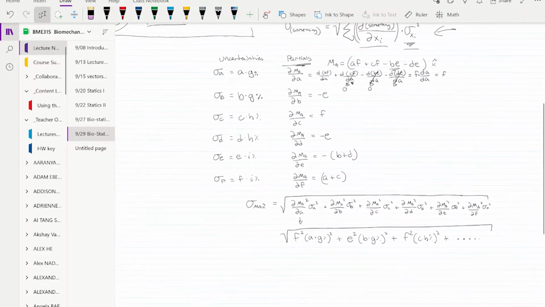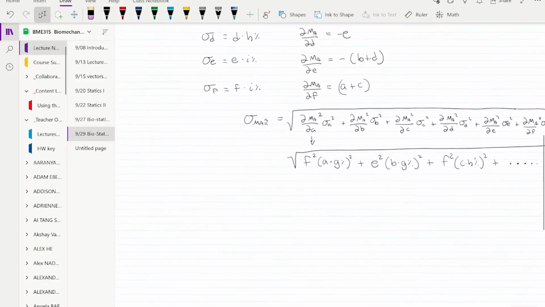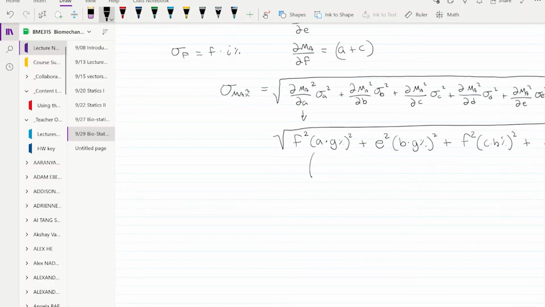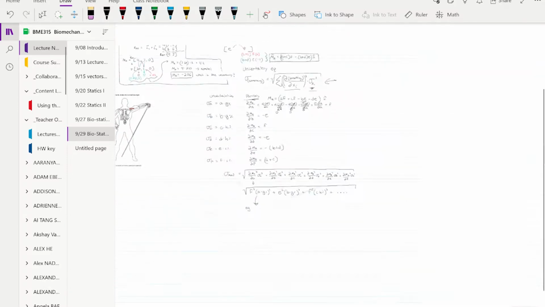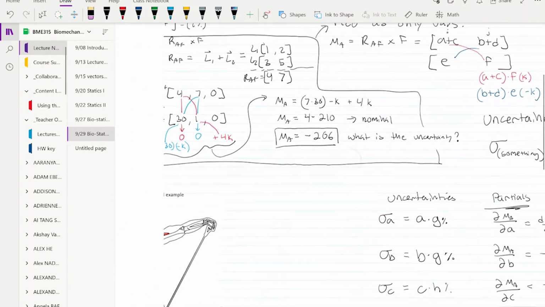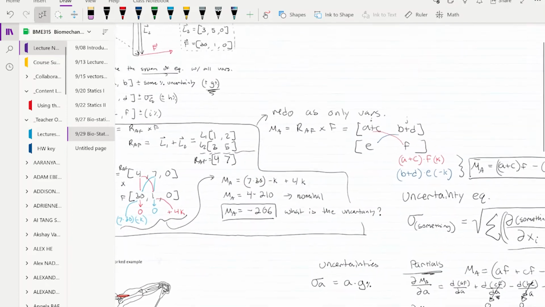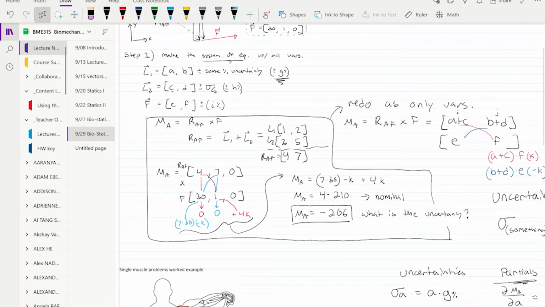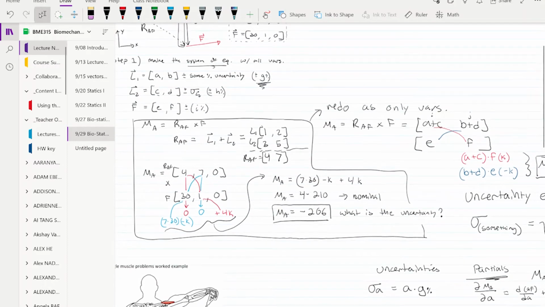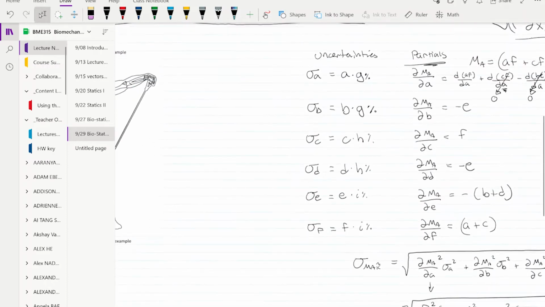At the end of the day, say for example, I gave you numbers. Actually, I think I gave numbers, right? Hold on. F was 1, E was 30, all right?